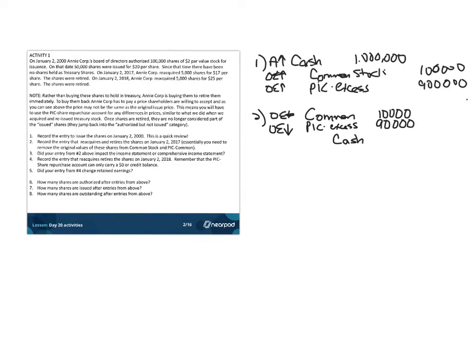We see that we had to pay $17 a share. And so the $17 times 5,000 is 85,000 in cash, right? That's just math, right? For those 5,000 shares, 85,000 in cash. This journal entry doesn't balance. I need 15 more to make it balance. On the credit side, that is where my paid in capital share repurchase account is going to come into play.